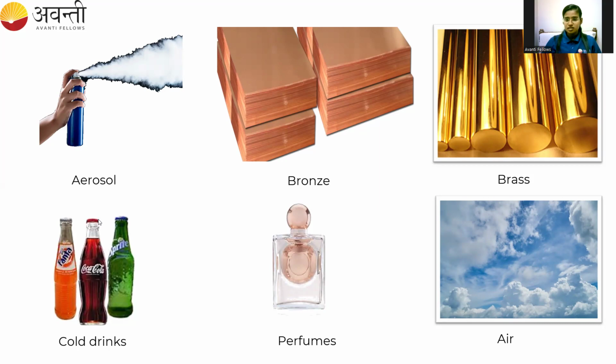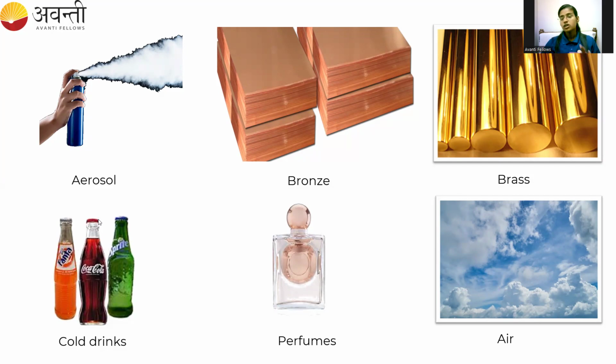Yes, so many of you are going for the answer yes. Okay, good. But how come bronze is a solution? Can anyone explain why bronze is called a solution? Yeah, very good. It is a mixture of solid and solid.